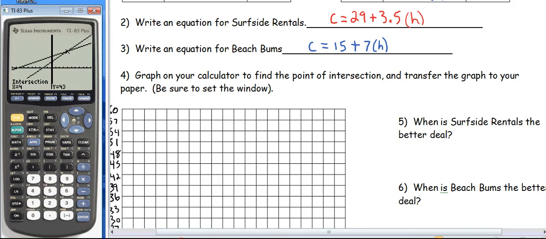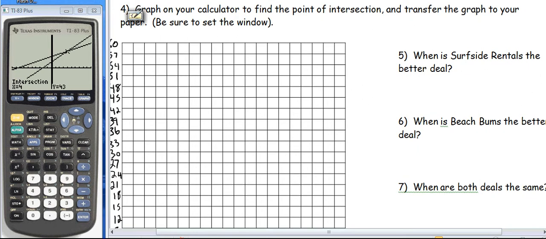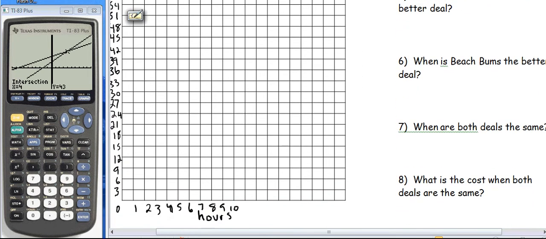So I could go over here and plot the point (4, 43). Now notice that would not show up as an exact point on my graph.